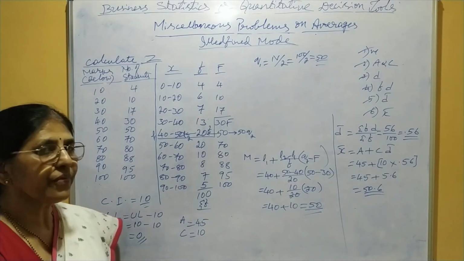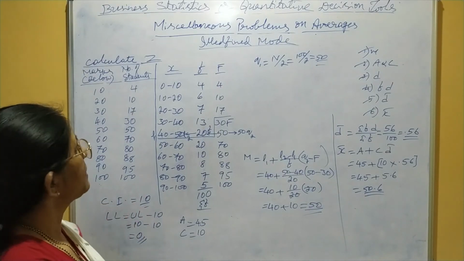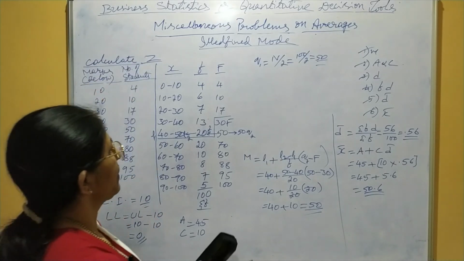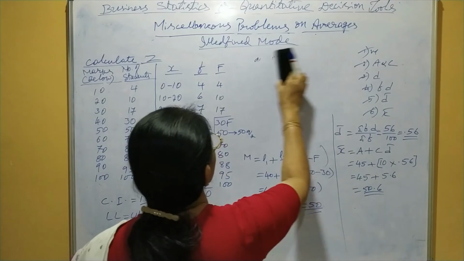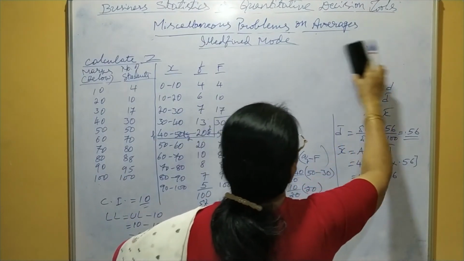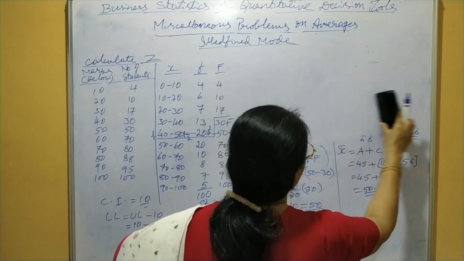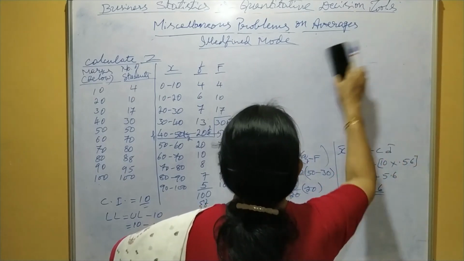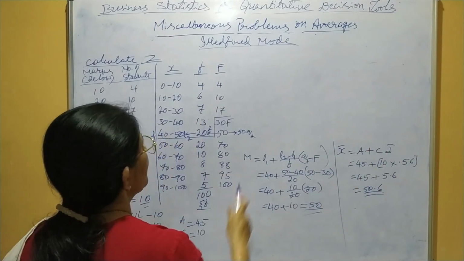Median is 50. Now, here it is asked to calculate mode. Now, what we have to do? We have to apply the formula of relation between mean, median and mode, that is empirical based. What is the formula?